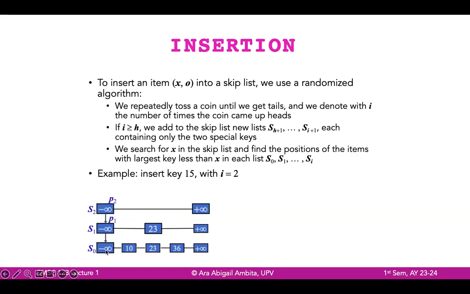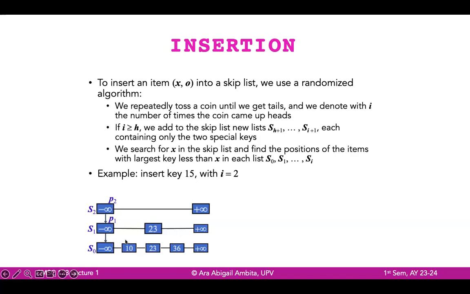Now we are in the list S sub 0, still at the negative infinity. We compare again the key 15 with the next element, which is 10.